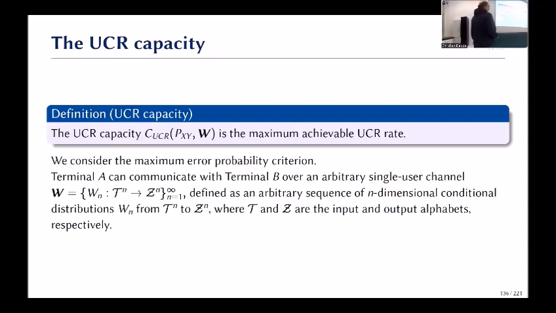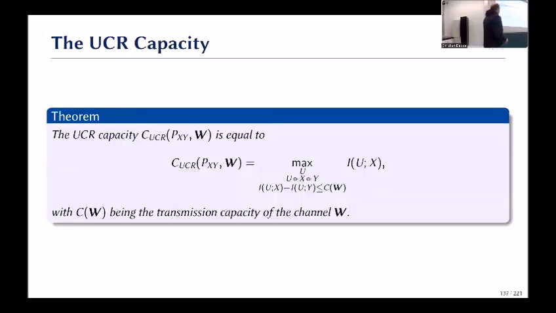Terminal A can communicate to B, as I told you before, over an arbitrary single user channel W. And we find out that this UCR capacity is equal to the maximum of the mutual information between U and X, and you see a very similar thing as in the earlier case, U, X, and Y form a Markov chain, and the mutual information between U and X minus the mutual information between U and Y must be less or equal than the transmission capacity of the channel.